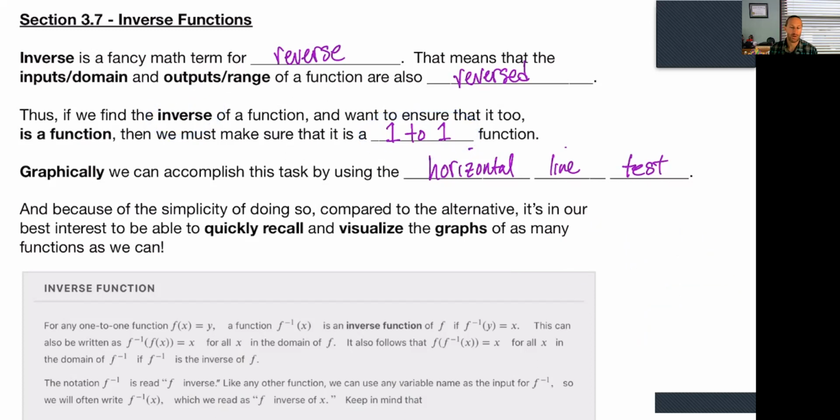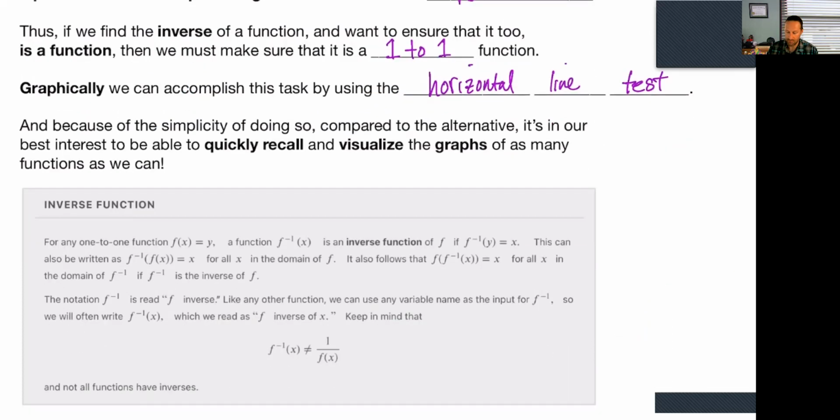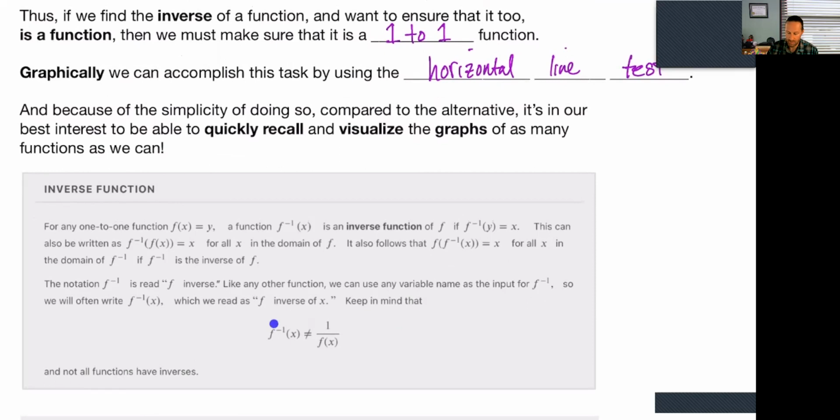Okay? So the way that we denote inverse, I don't know if you guys remember, is this little power of -1. Now remember the -1 power, when we had x to say the -2, that meant that we had to take this negative and move it to the opposite side of our fraction, because there's always something up there.